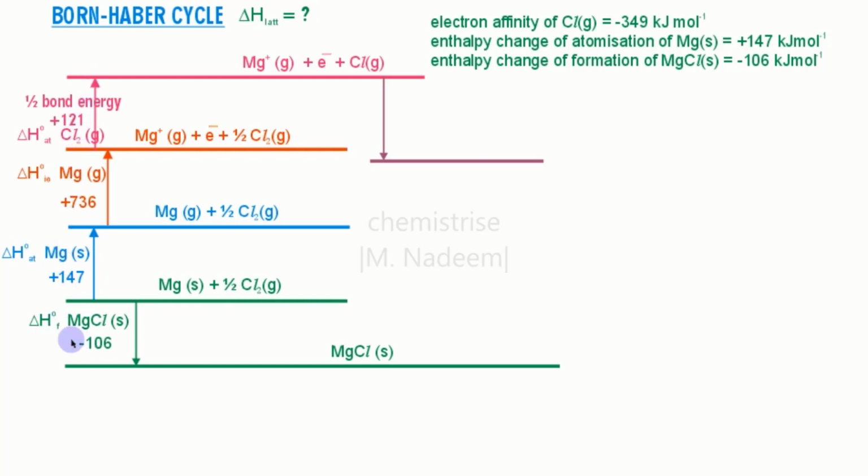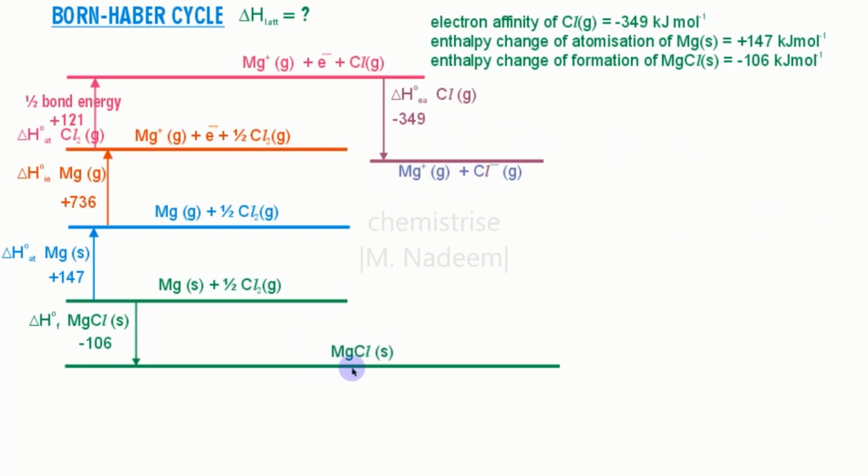This one is energy released, so we make it downwards like this. So the electron affinity of chlorine is over here, and its value is given to us in this data, that is negative 349.